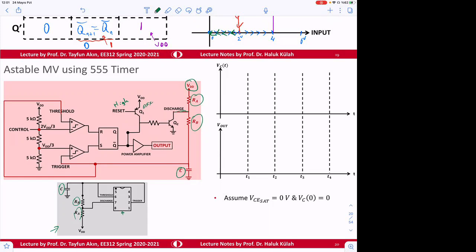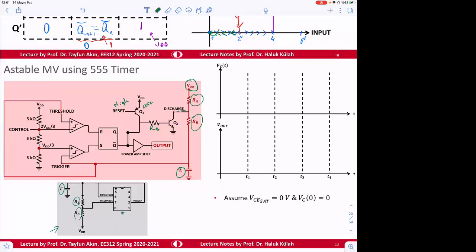Okay, so it will not have any effect on the circuit. So let's call this thing RB, maybe a small resistor. What happens? Okay, this looks a little bit complicated.